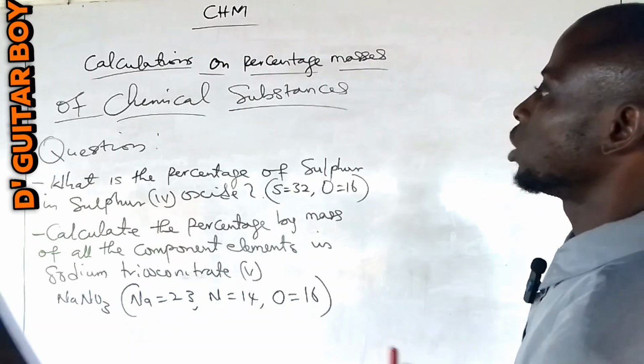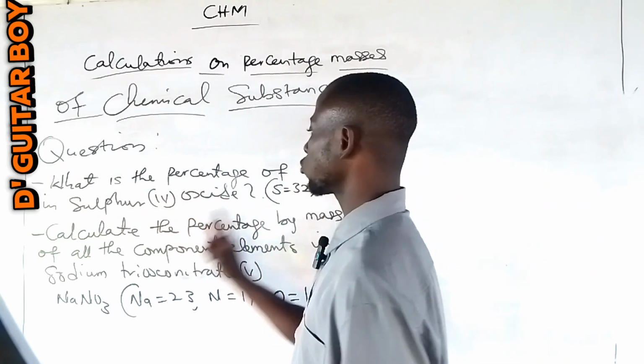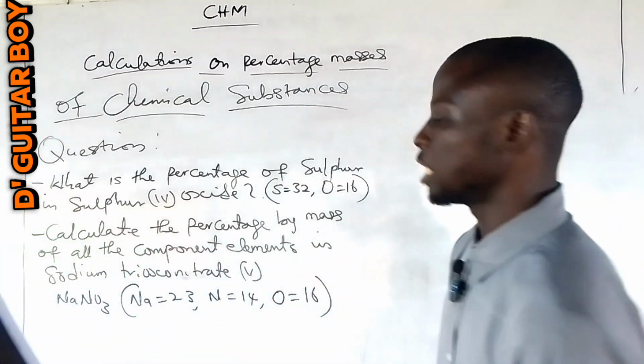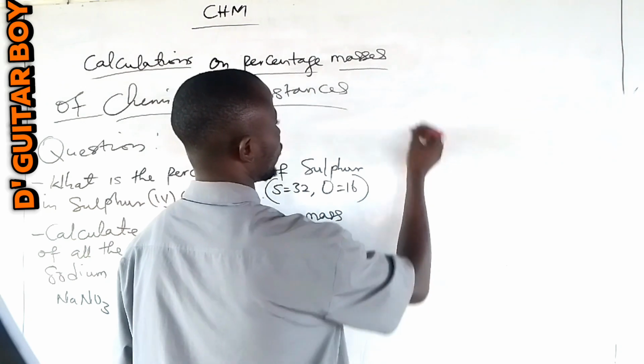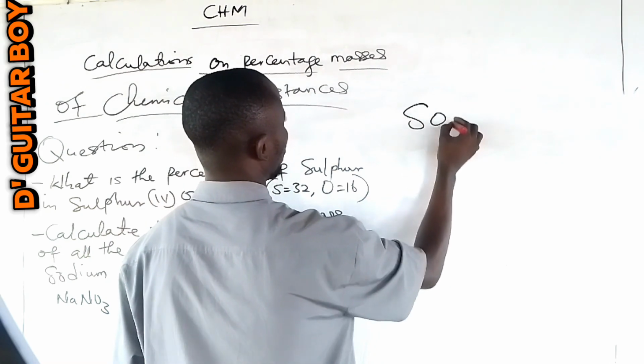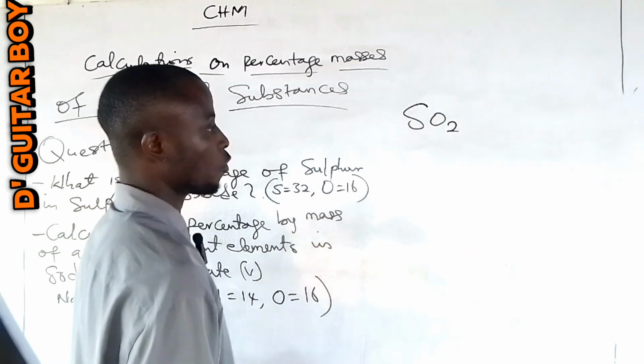Okay, now they say, what is the percentage of sulfur in sulfur 4 oxide? The first thing, you have to know how to write the chemical formula of sulfur 4 oxide. This is the formula: SO2. This is the formula for sulfur 4 oxide.